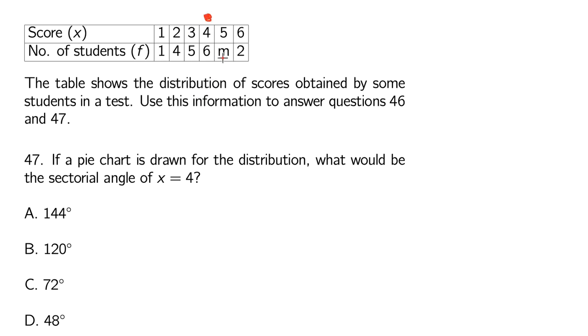Now we know we've already found m to be 12, so we have to ask ourselves how many students took the test. Well, we have 1 plus 4, that's 5 plus 5, 10 plus 6, 16, plus 12, that's 28, plus 2, that's 30. So a total of 30 people took the test.